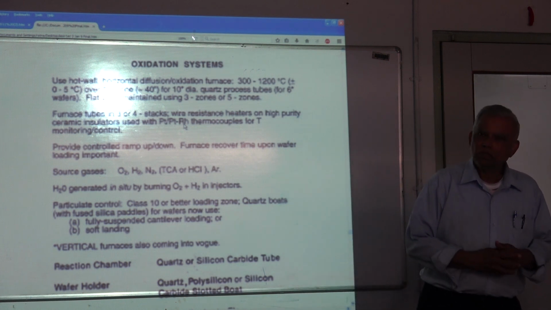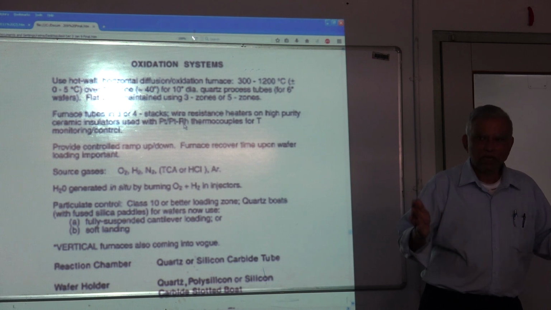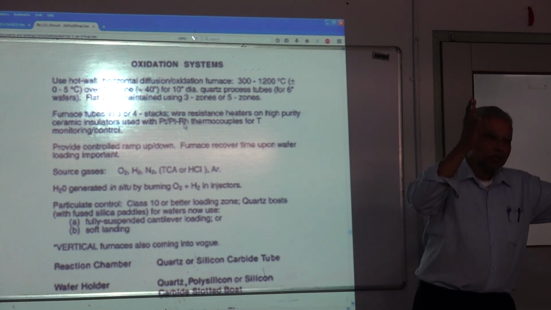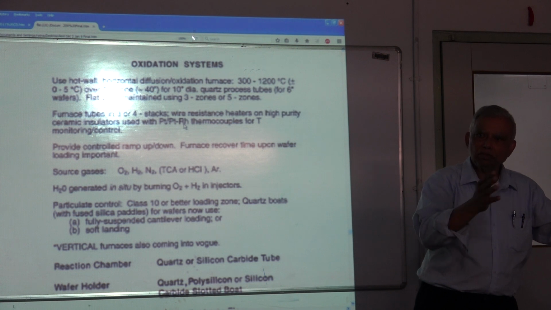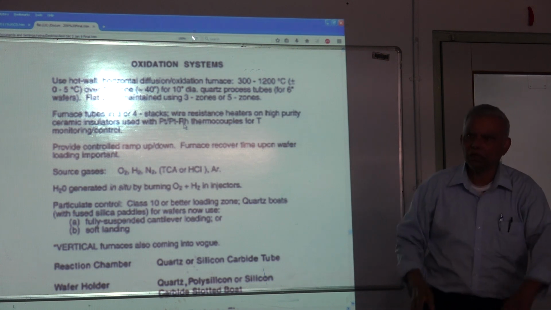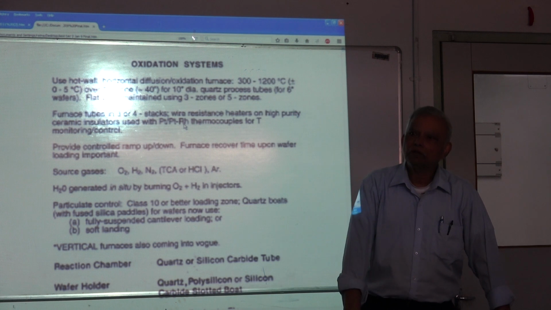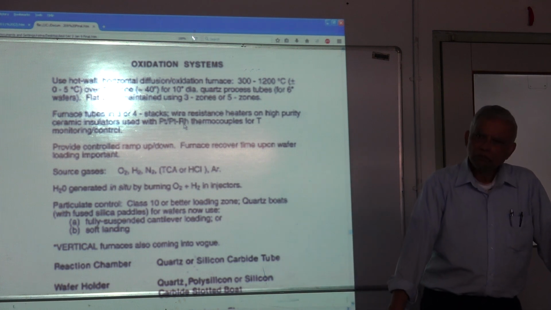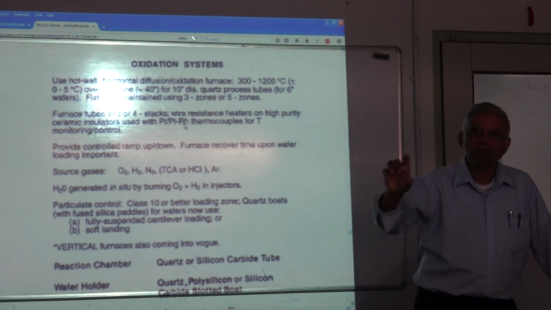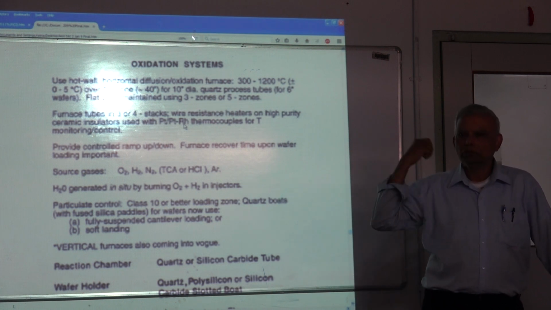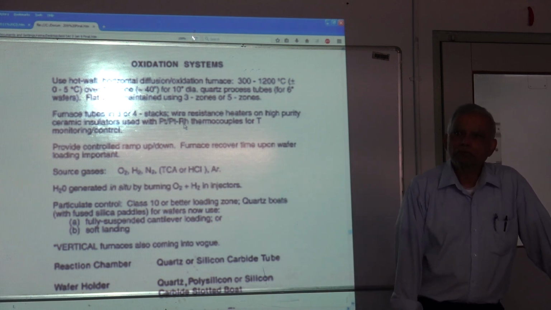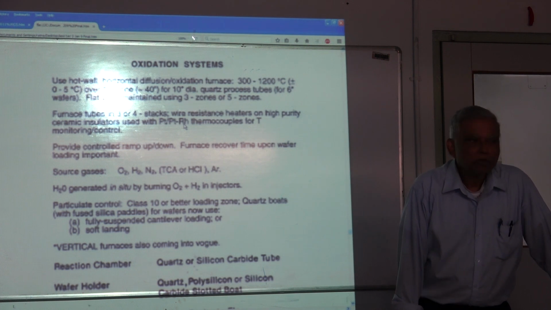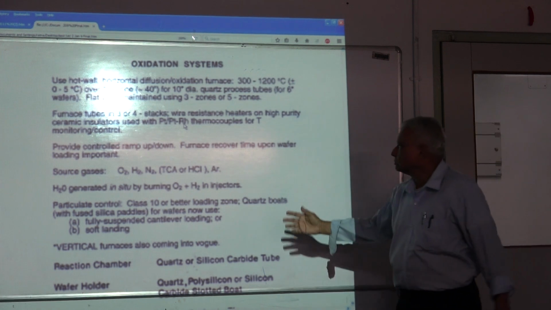There is very nice sequencing of timing and ramping: when you are going to put the steam in, when you are going to take the steam out, when you are going to put the pure oxygen in, or oxygen diluted with nitrogen in, that kind of thing. They are precisely controlled within the furnace system so that you end up with the desired thickness of oxide as you pull it out from the chamber, with all the characteristics that you want. Okay? So that's how the oxidation system works.